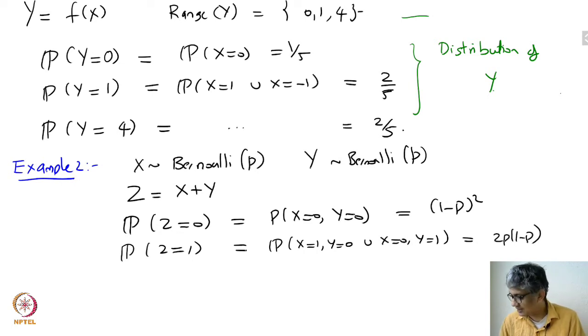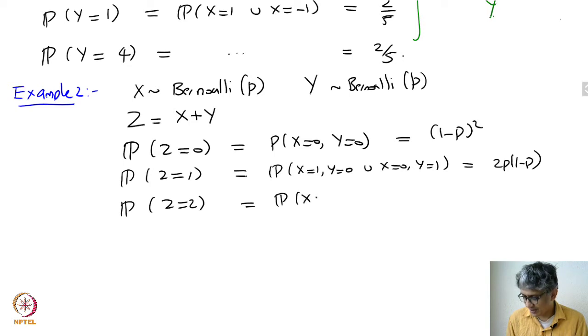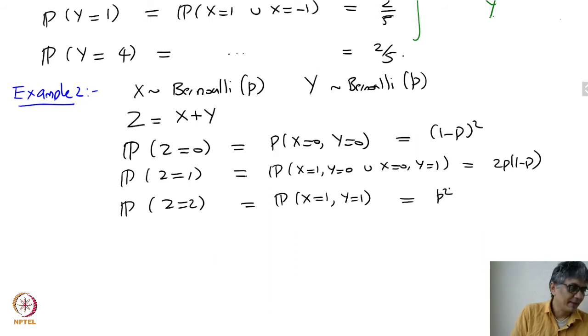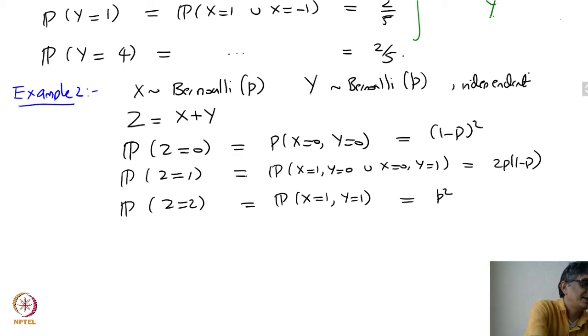And similarly, the chance that Z was equal to 2 was given by X equal to 1 and Y equal to 1. That's the only way it can occur, and that happens with chance p squared. And we used independence of X and Y to do this. So these are two examples.